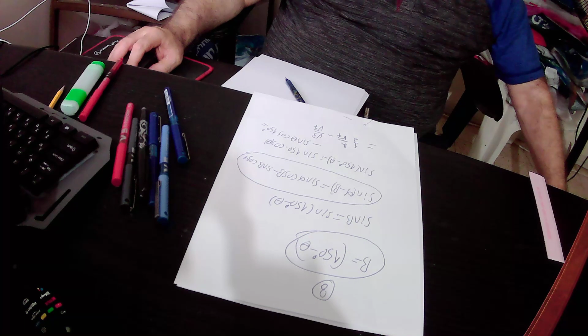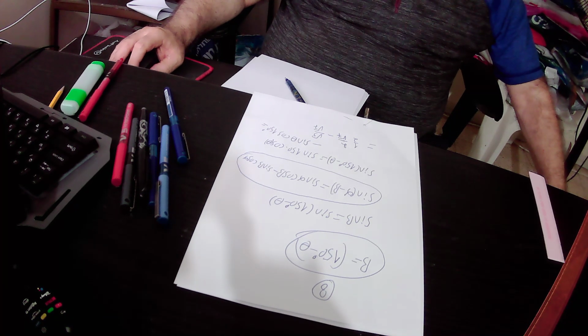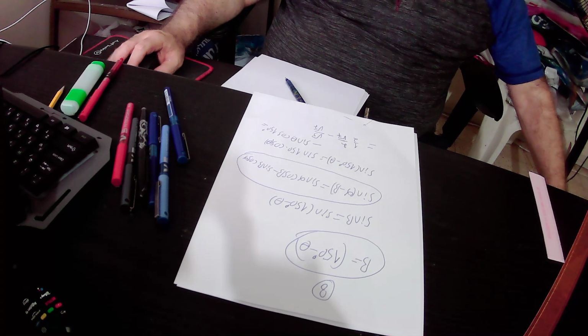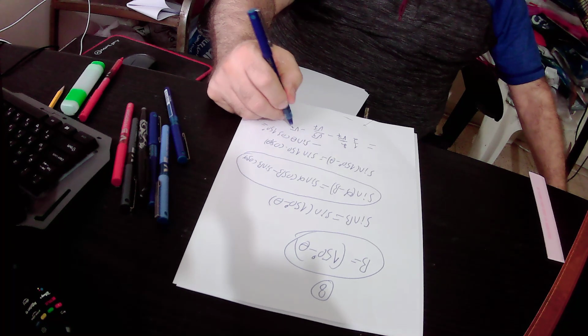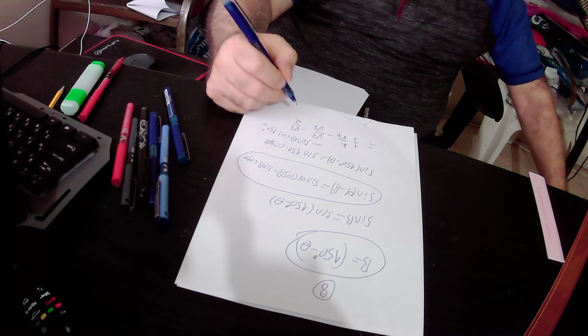Cosine 150 degrees equals minus root 3 over 2.